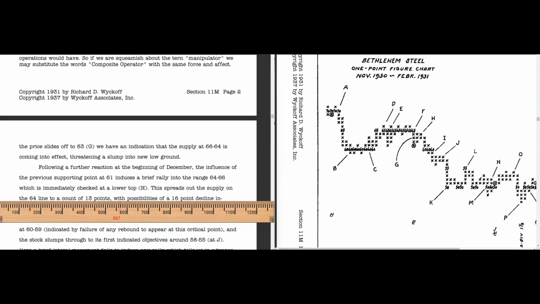And I'll give you an example. When Jesse Livermore and Wyckoff corresponded, and I have it in here in the course actually, Livermore told Wyckoff that he would never get into a move unless it had at least 10 points in it.